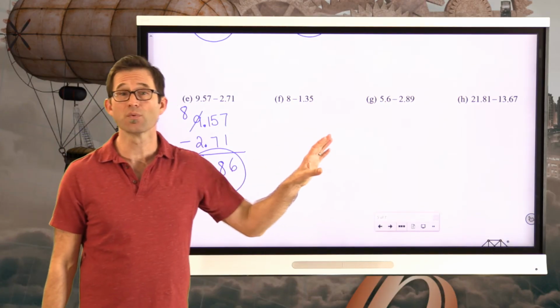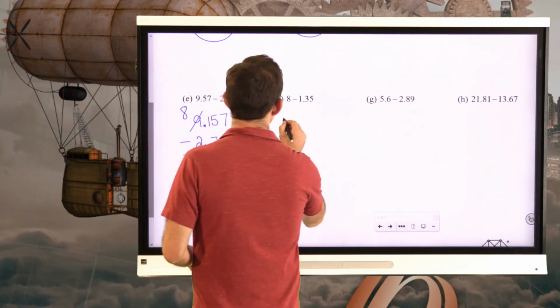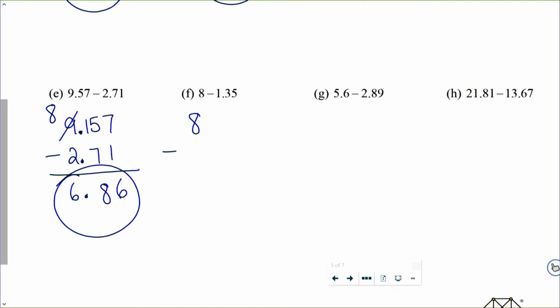All right. Looking at letter F, this one could be particularly confusing. 8 minus 1.35. Again, it is a good idea in a situation like this to put down another couple zeros so that we can really think about this the way we think about 800 minus 135. Now immediately, this runs into one of those things that kind of drives me nuts, where I'm like, well, I can't do 0 minus 5, and I can't borrow from that 0 because it's 0.